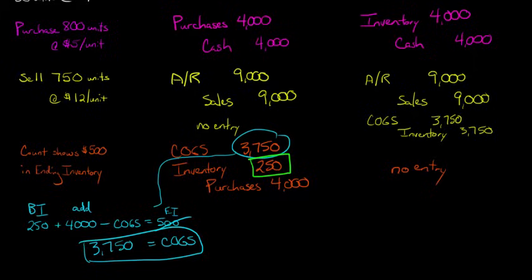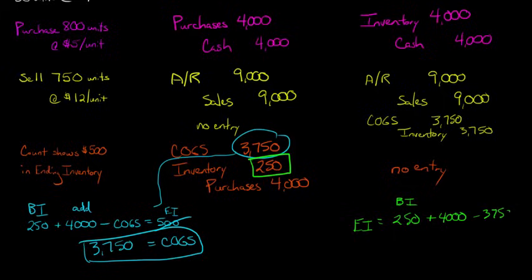Now, although there is no entry required when we think about the perpetual method, we can also just go and say, okay, does the ending inventory actually add up to 500? So let's look at this. Our ending inventory is going to be equal to 250, which is our beginning inventory, plus what we bought, what we added, our purchases of 4,000, and then minus what we sold.